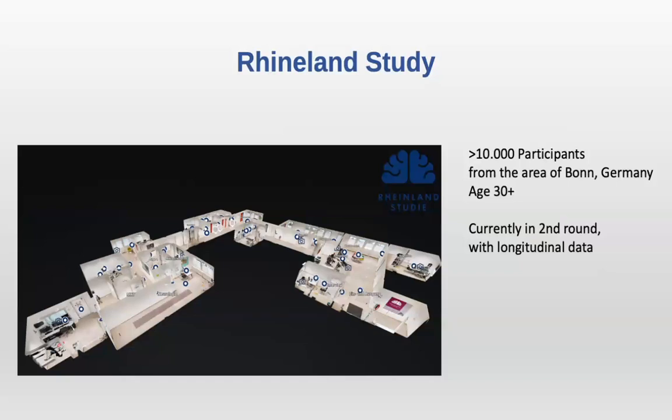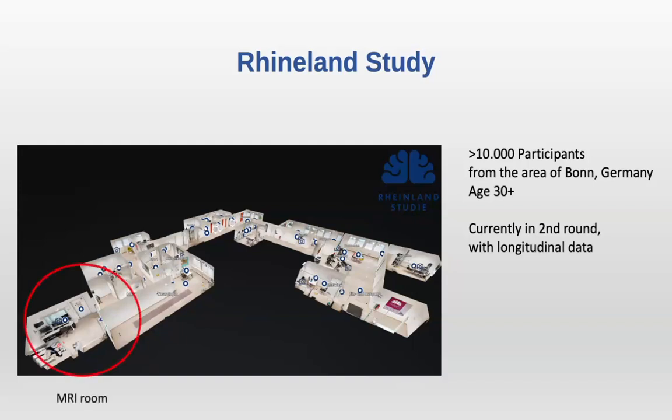And people are re-invited after, I think, the second round is after 3 years, maybe a bit longer, 3 to 5 years. Then we also have longitudinal data to analyze and see the development in the early stages of these diseases.